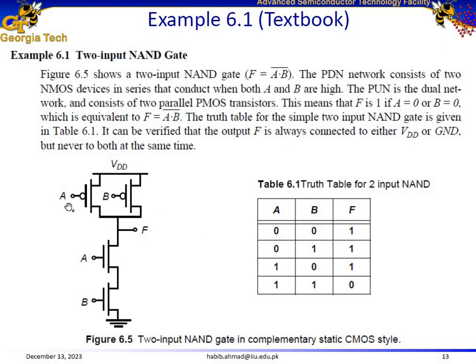Similarly, if input A is 0 and input B is 1, this transistor is not conducting, but this transistor is conducting, so the output is pulled up to VDD using this path. And we can also apply this principle if the input A is 1 and the input B is 0, then we have this conducting path and the output can be pulled up to VDD.